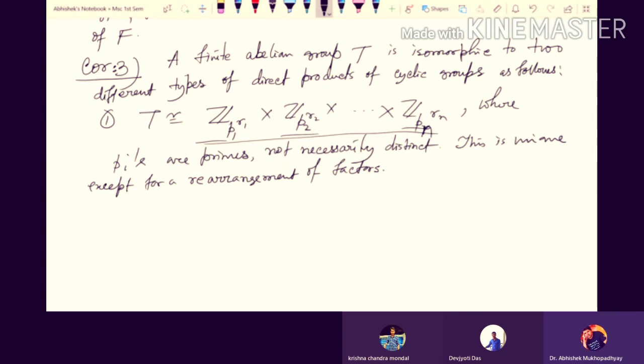Maybe some P1, P2, ..., Pn are not distinct, maybe they are equal. So this is unique except for a rearrangement of factors.